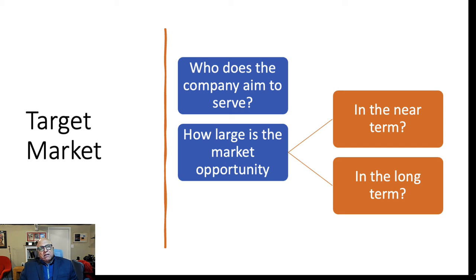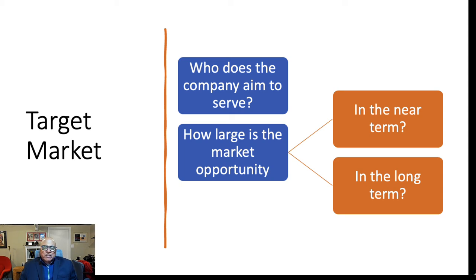Then you want to talk about target market. Who is the company aiming to serve, and how large is the market opportunity in the near term and in the longer term? We often talk about TAM, SAM, and SOM. What's the total addressable market, the served available market, the served objective market.